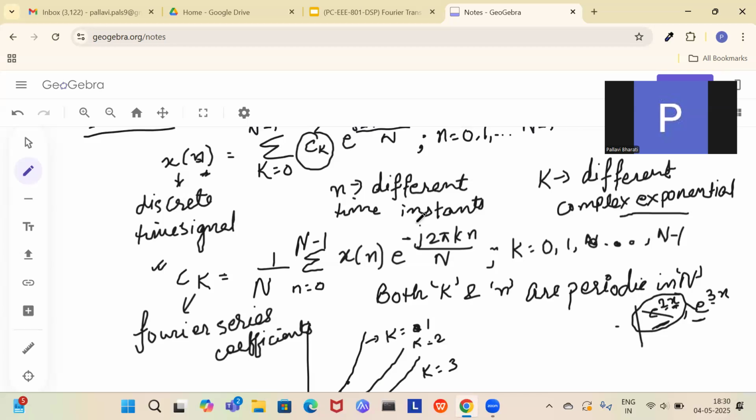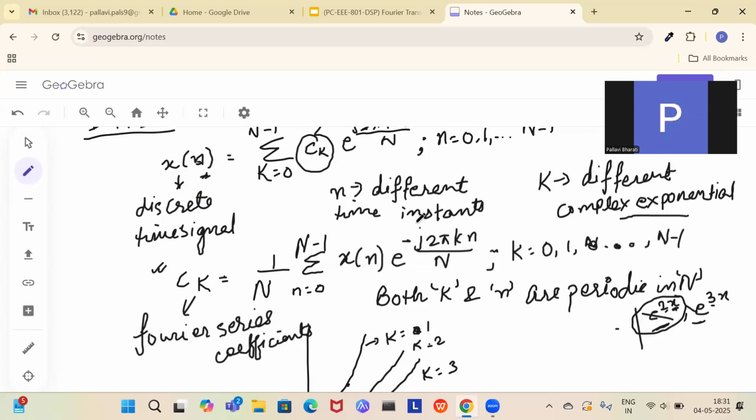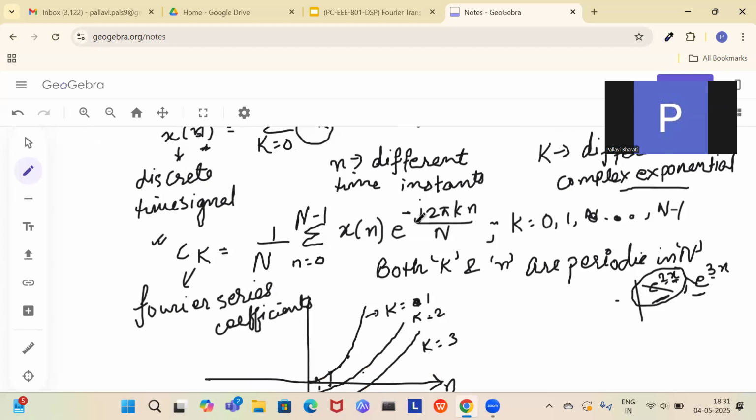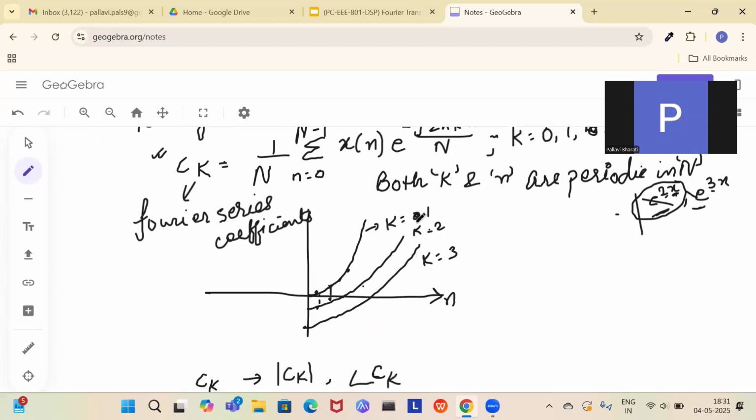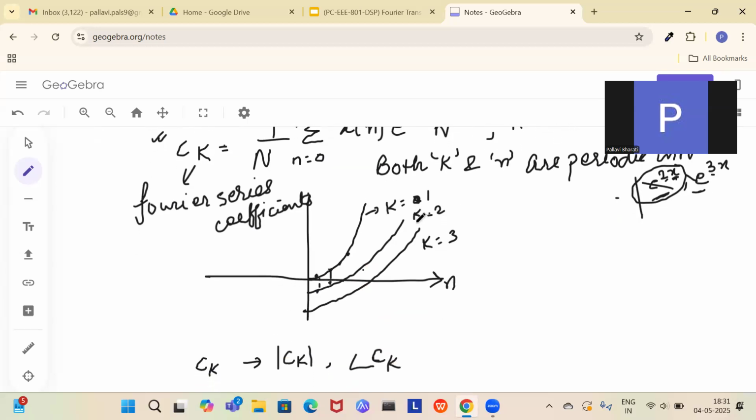And the beauty of this is that both k and n are periodic in capital N. I explained the meaning of changing k and changing n with the help of this diagram. Changing k means the complete exponential changes, and changing n means the sample changes, right?